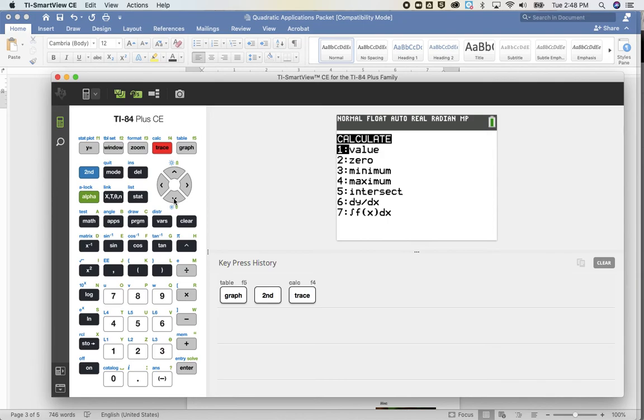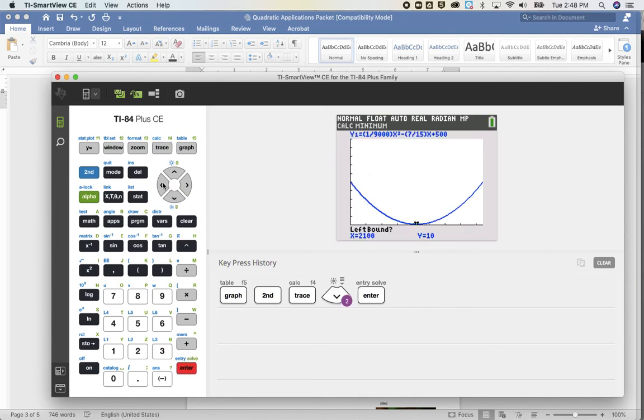So I'm going to go ahead, second calc, down to option 3. I'm going to go a little bit to the left of where that minimum should be. I'll go to the right of where that minimum should be, and I'll press enter. And you see that that minimum value there is at 10 feet. So this sort of confirms what we found.